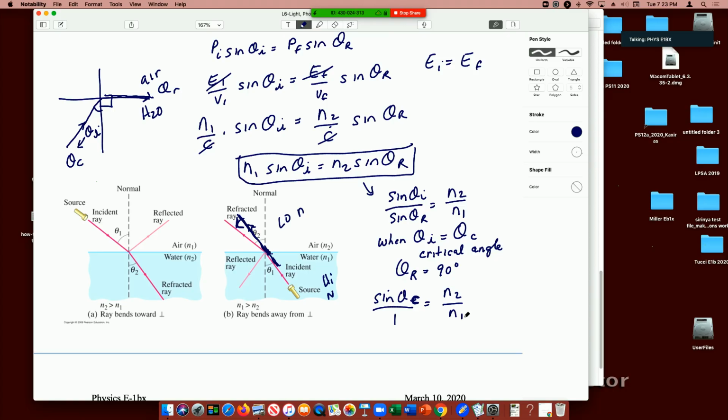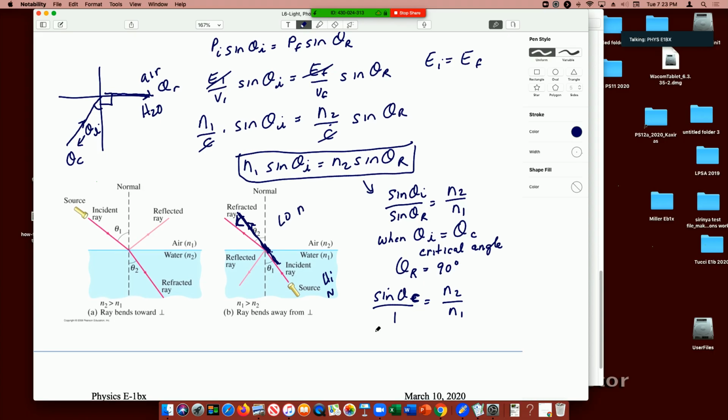If I were to ask you to calculate the critical angle, mathematically, what would you do? You just take the inverse sine, right? So the critical angle would just be the inverse sine of the ratio n2 over n1.